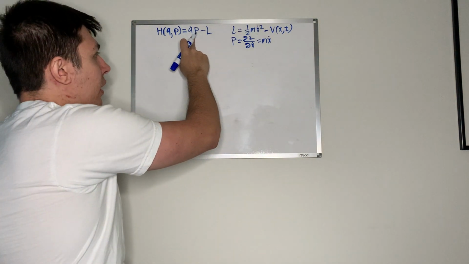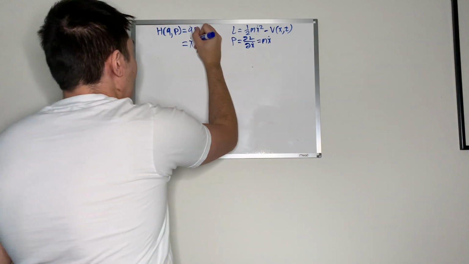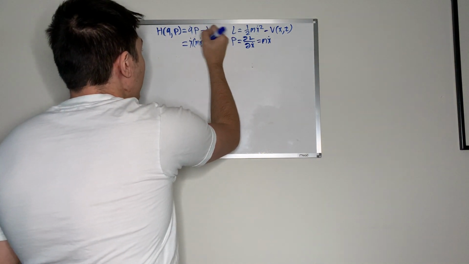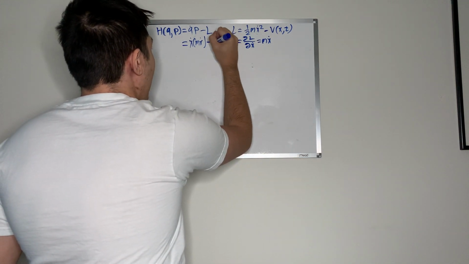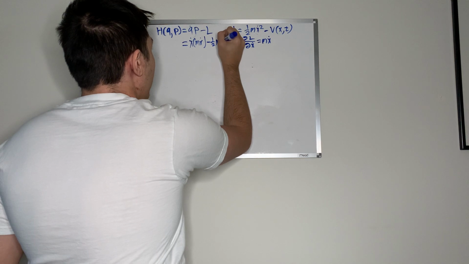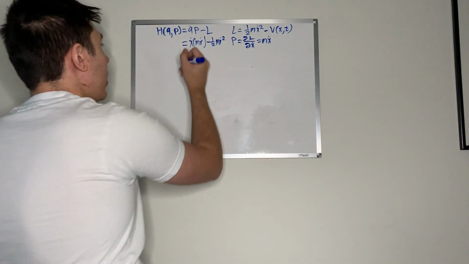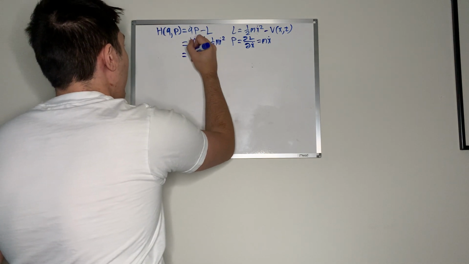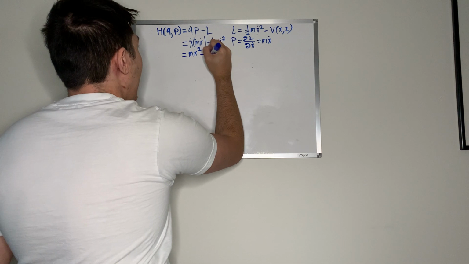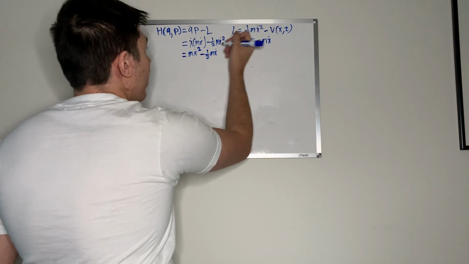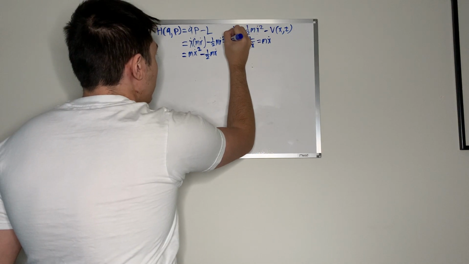So q dot in this system is just x dot. p is mx dot. And our Lagrangian is simply 1/2 mx dot squared minus V of x, oops, I forgot my potential.